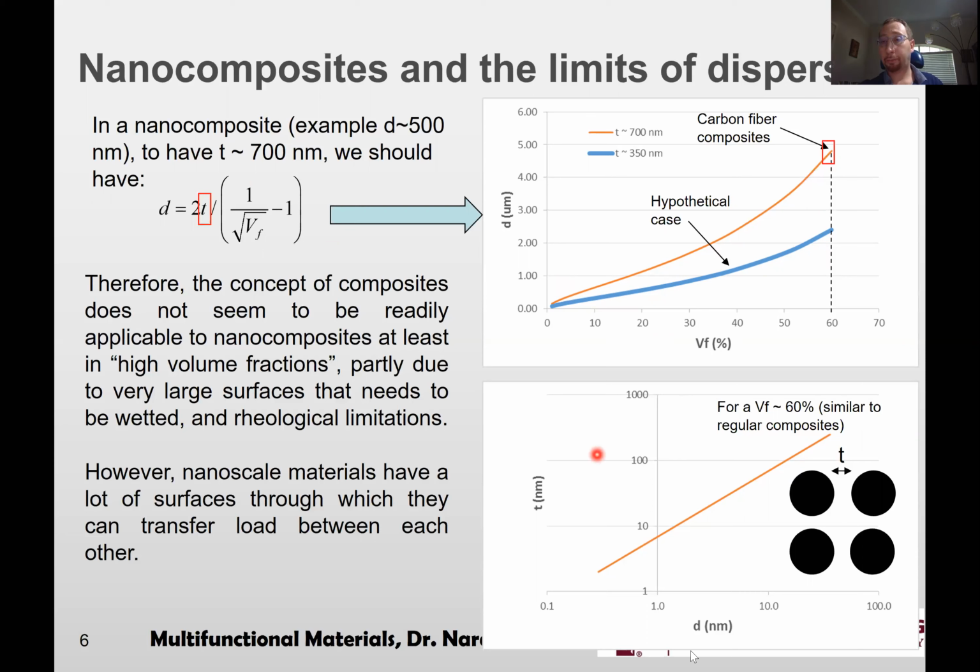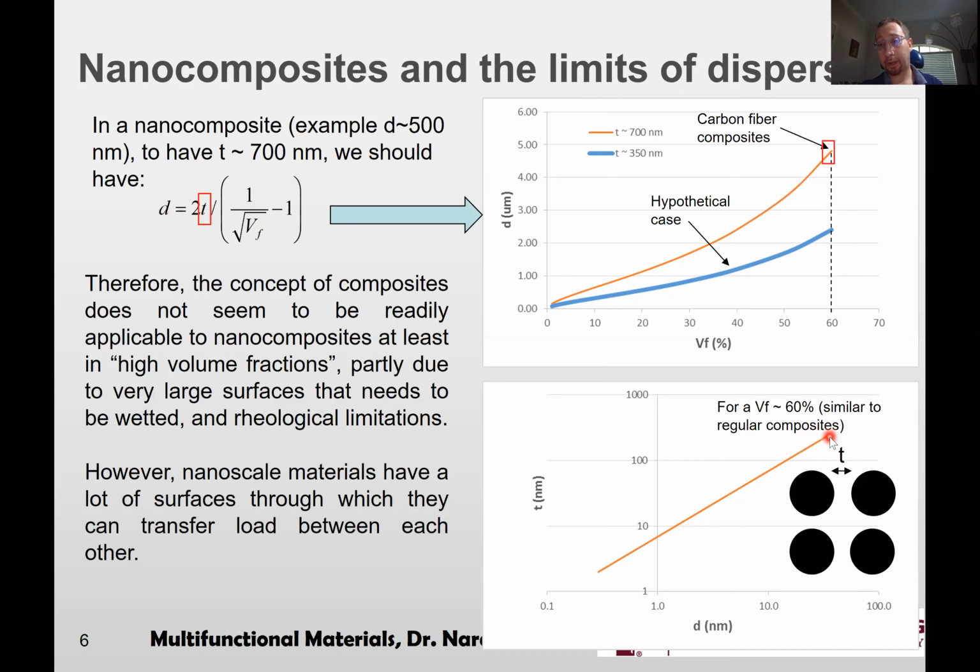The same graph is plotted here. This is now more of a wish list. If I wanted to keep volume fraction at 60%, what would happen to T when diameter goes down? When diameter goes down and volume fraction is fixed, T has to go down. How low does it get?